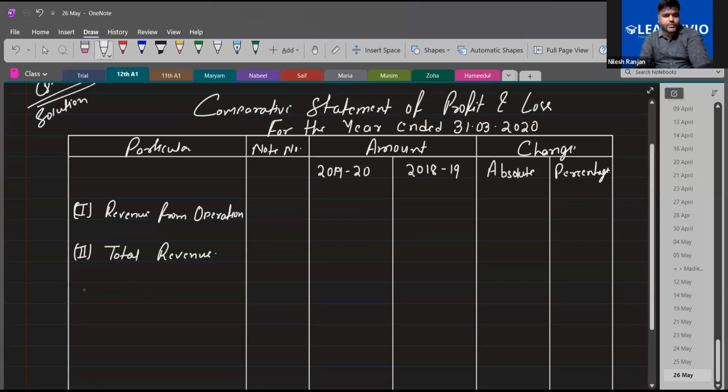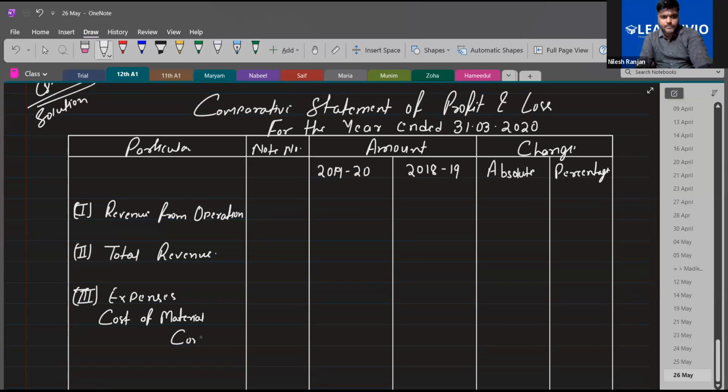Then the third is the expenses side: cost of material consumed and other expenses.